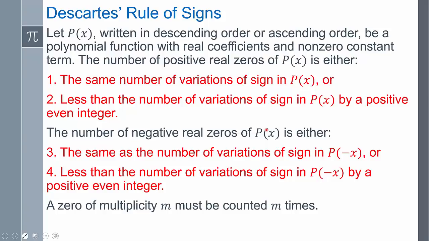You do the same thing with the negative. You plug in a negative for the x value, simplify, count the number of times the sign changes, and then count down by that even number, and each of those is going to be a possibility.